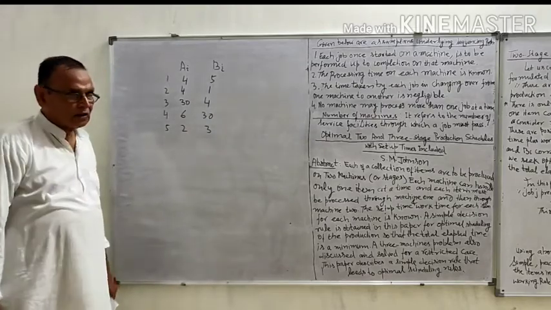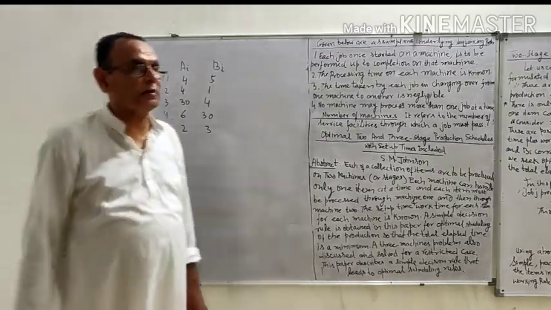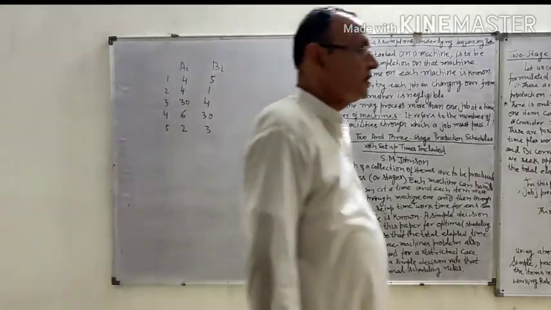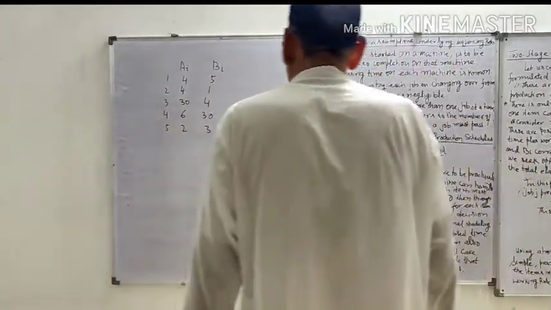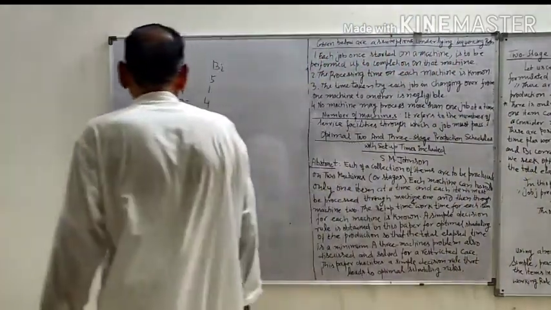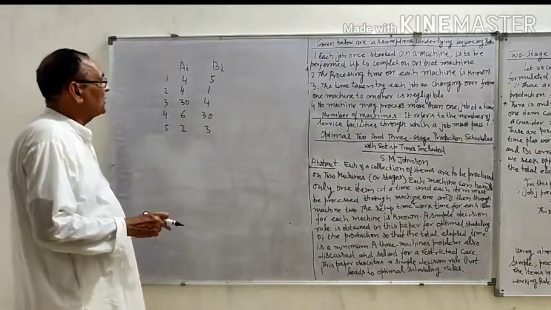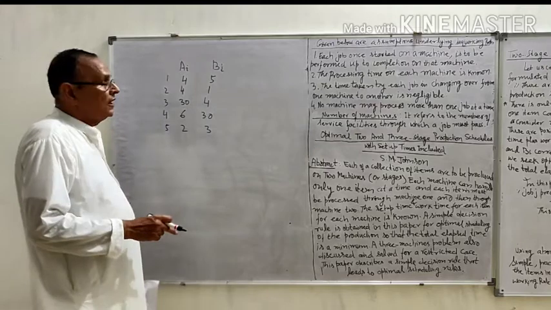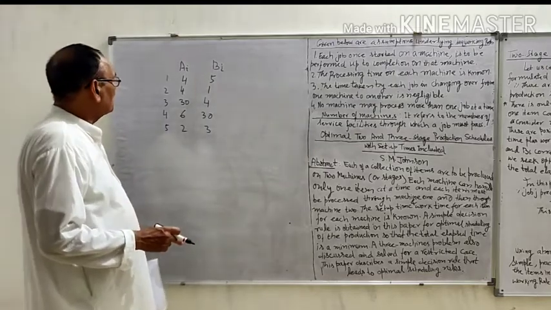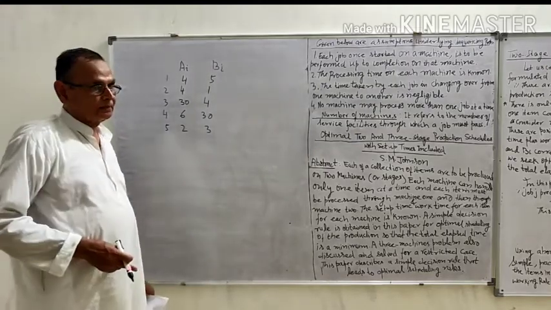He has given this example by writing all the processing times for 5 jobs in 2 vertical columns. Ai is the processing time of job i on machine A, Bi is the processing time of job i on machine B, and i is equal to 1, 2, 3, 4, 5.